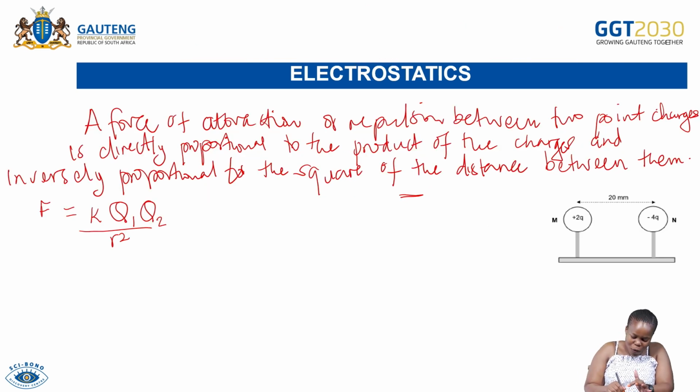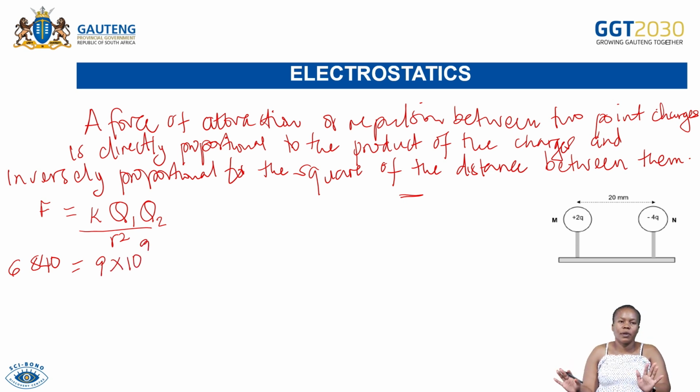6,840. So over here, we have 6,840. And then we have a constant of 9 times 10 to the power of 9. Please, this one will just be given to you alongside the formula sheet. And then for the first charge, it is 2Q, given here.